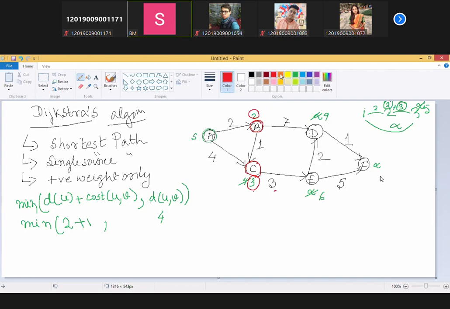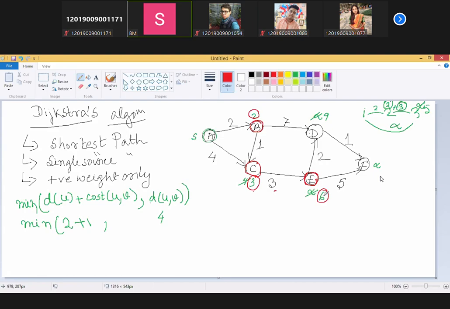Now you will have the nodes with weights yet to be explored. One is 9 with 6 and another one is infinity. So 6 is minimum, so here you can take E. With E, one connection is to D and one connection to this side.